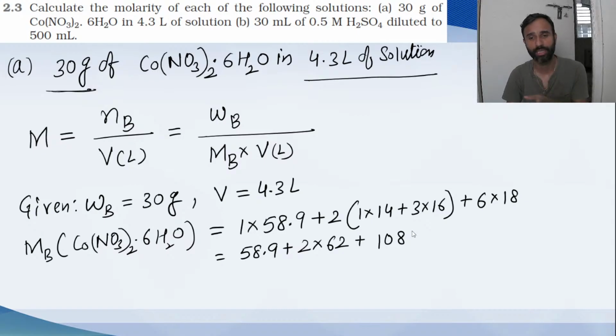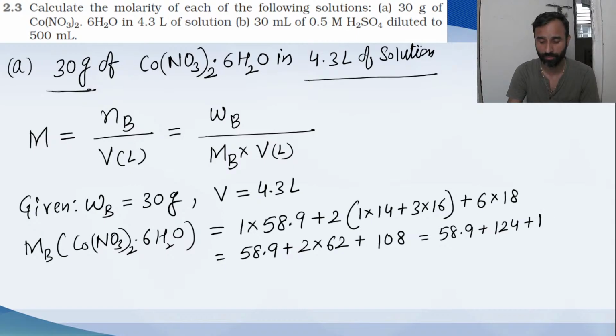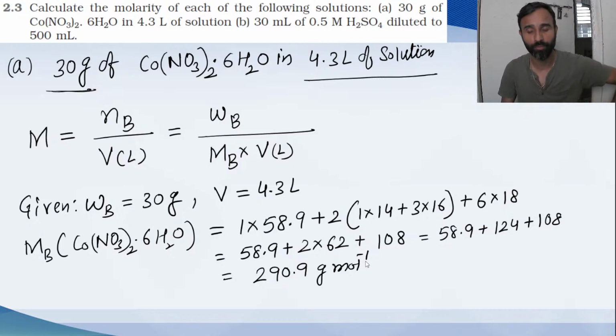That is 108. So it is 58.9 plus 124 plus 108. Total it comes out to be 108 plus 124 plus 58.9, that is 290.9 gram per mole. Just put the values in this formula.